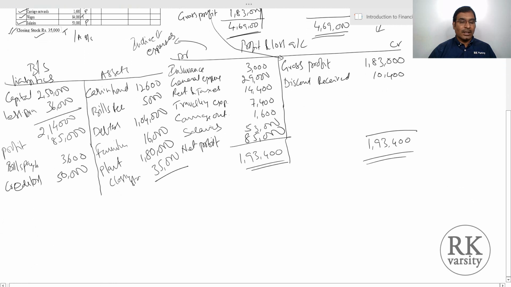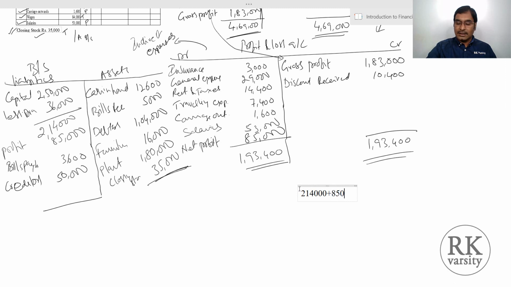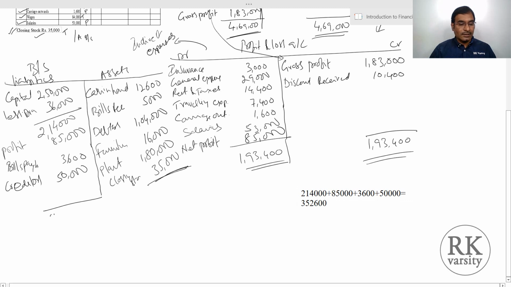We'll come to know whether our balance sheet tallies or not. If any item is missed, then we cross check again. So on the liability side, 2,14,000 plus 85,000 plus 3,600 plus 50,000 comes to 3,52,600. So 3,52,600 is our liabilities.